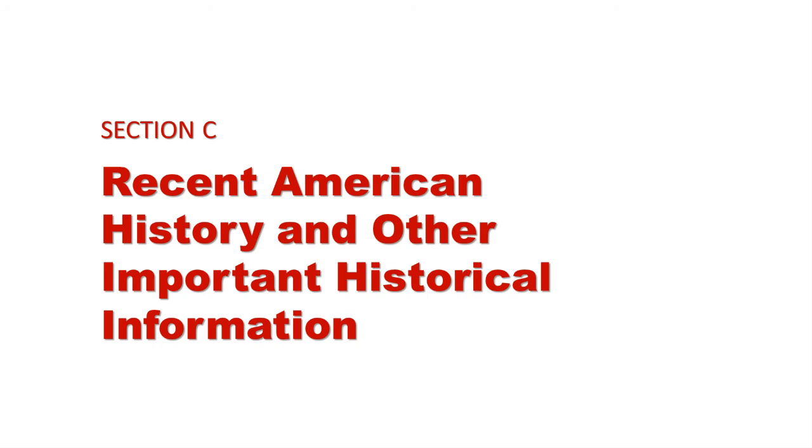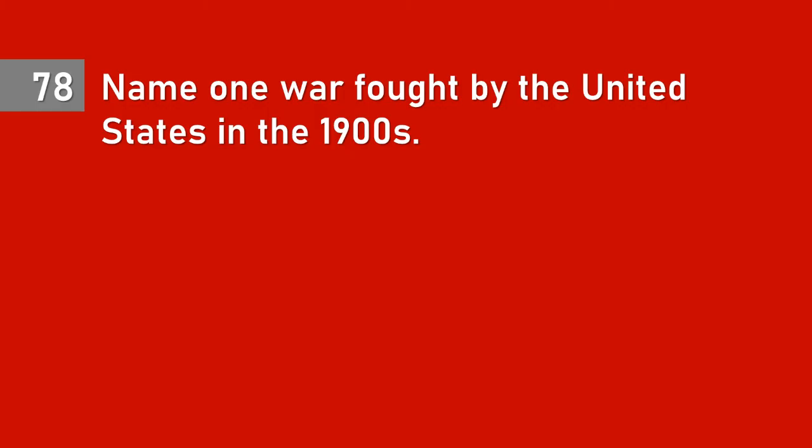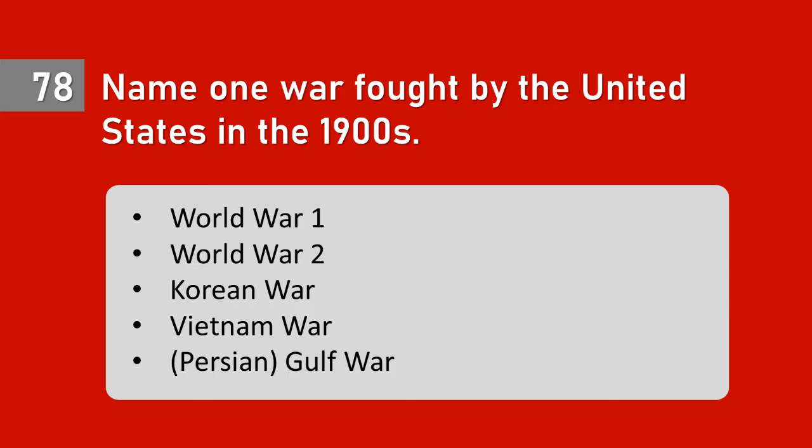Section C. Recent American history and other important historical information. Question 78. Name one war fought by the United States in the 1900s. World War I, World War II, Korean War, Vietnam War, Persian Gulf War.